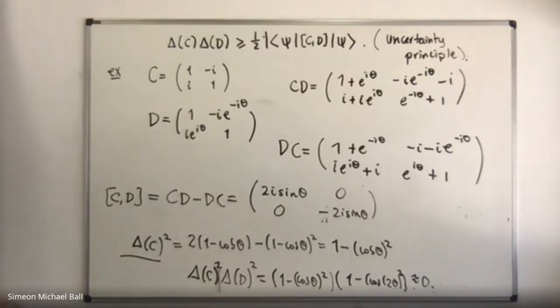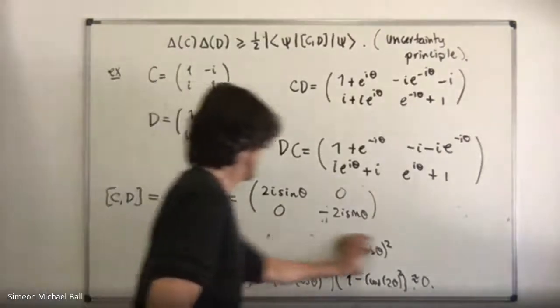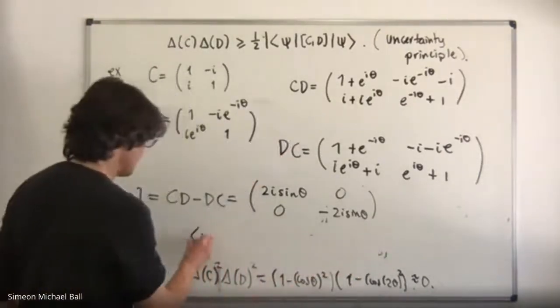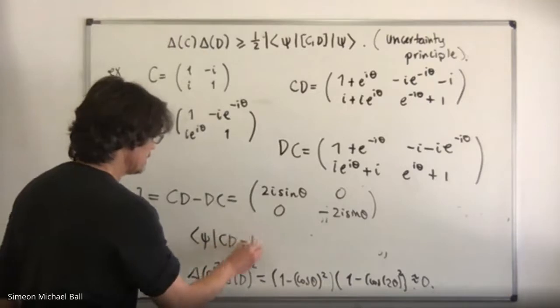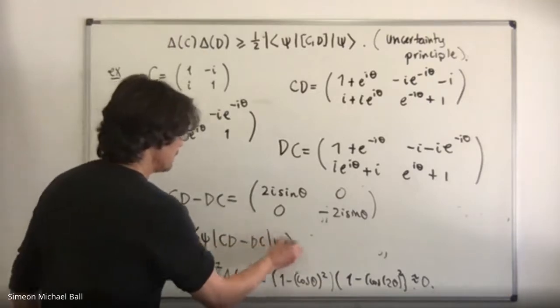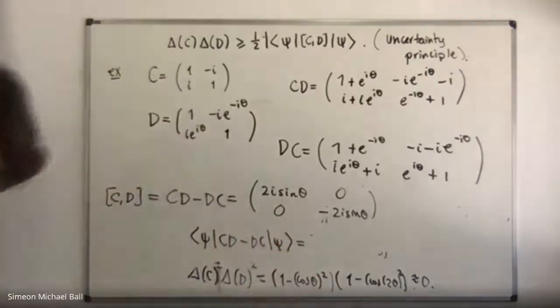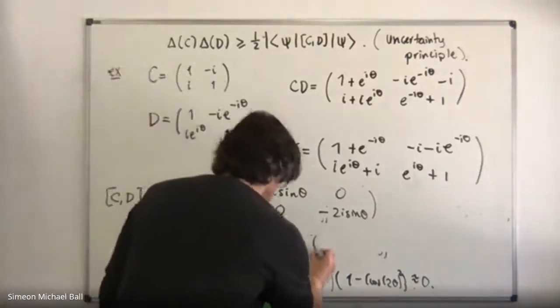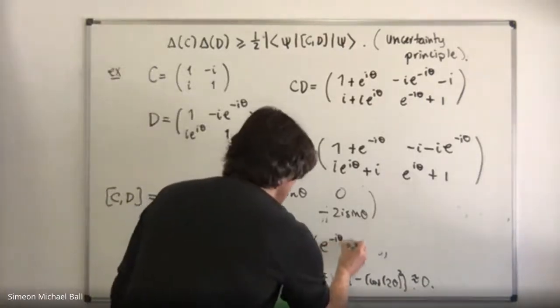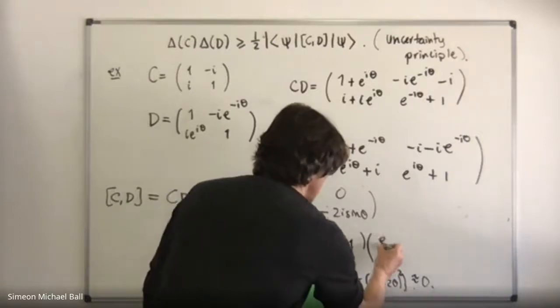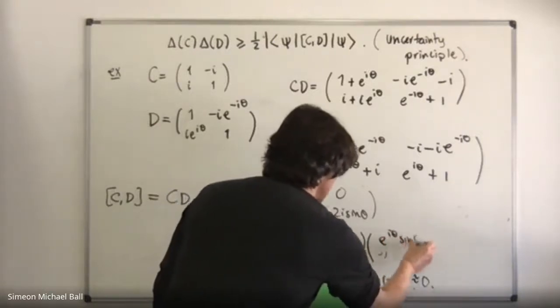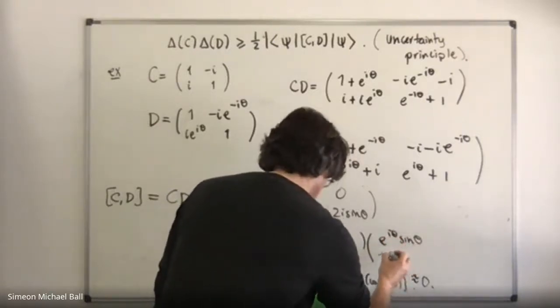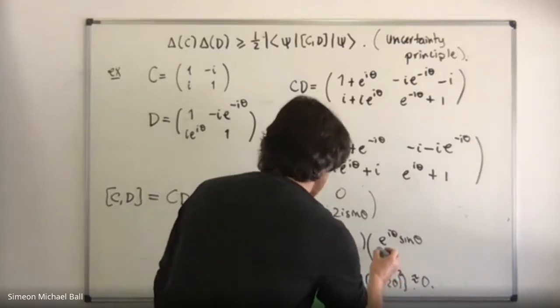And I believe that if you check, because I checked this before, then you actually get the psi CD minus DC. What am I missing?